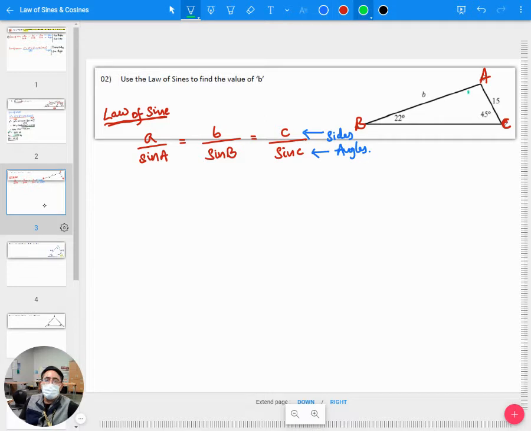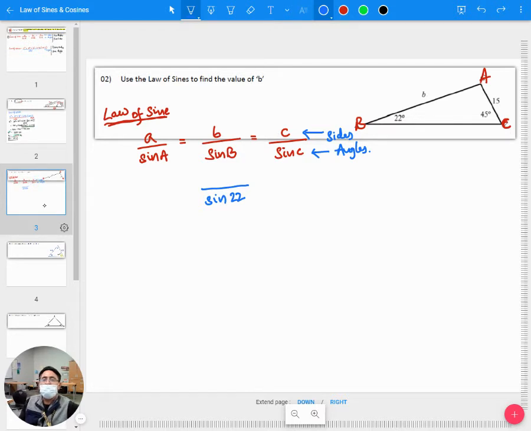So angle A is not given. Of course, if you want, you can compute. Angle B is given as 22 degrees and its opposite side is also given. Therefore, in the place of angle B, that goes to the denominator. So it is sine 22. Please notice that this value I am copying here.